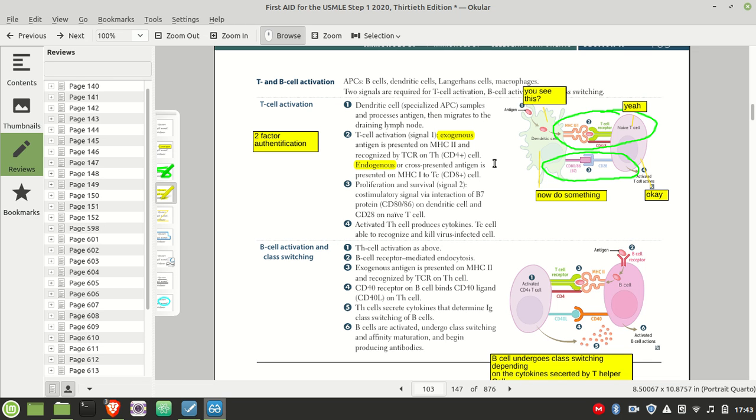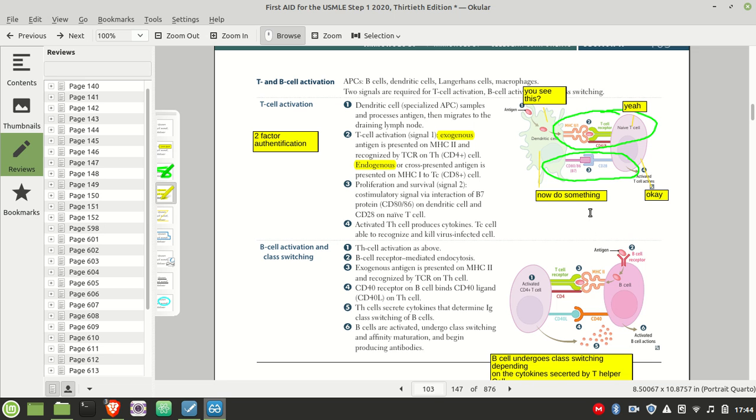So here's the way you think about it. You need two factors, meaning it has to bind here with your T cell receptor, and it has to bind right here with CD86 or CD28. And of course it's the same thing here: T cell receptor, and then you have another ligand that gets bound. So what's the point of each?